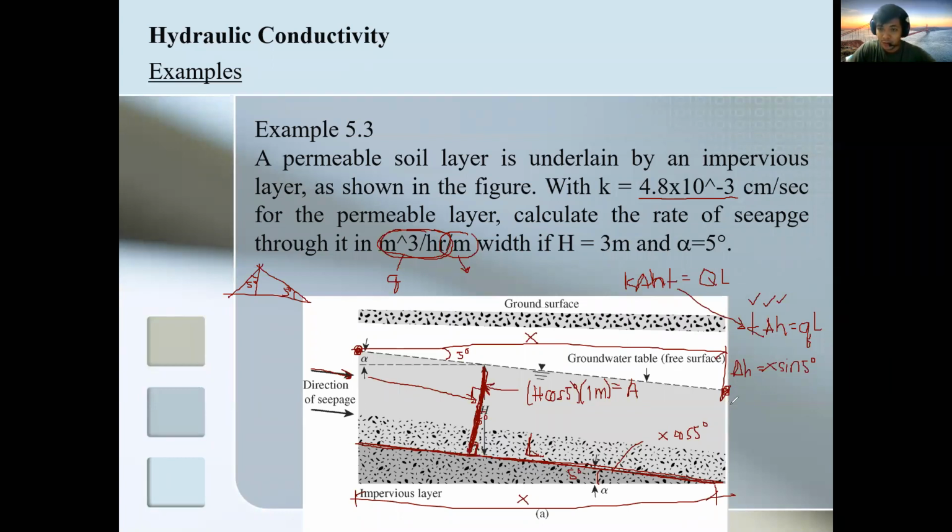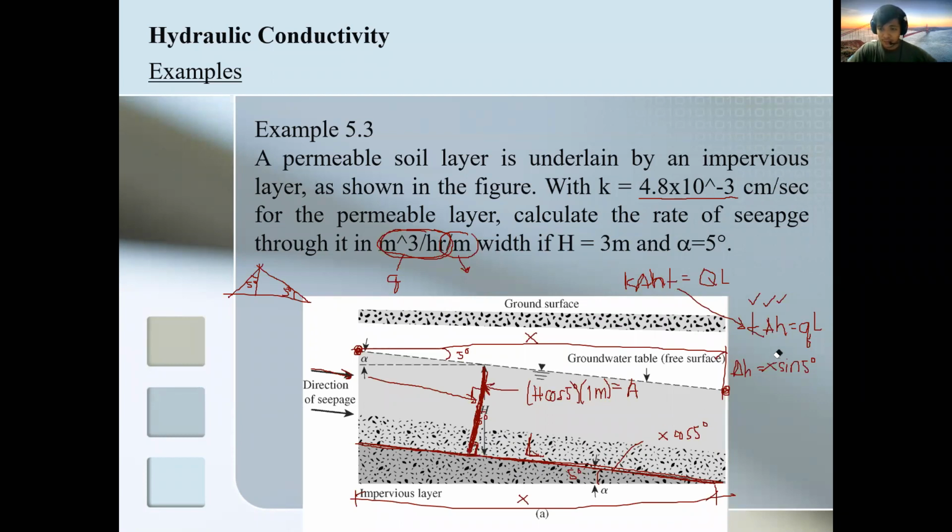So plugging in all the formulas. So K, dapat ang inyong K, pag inyo pa ni convert into cubic meter per hour. And then ang inyong area is H cosine 5. So that's 3 cosine 5 times 1.